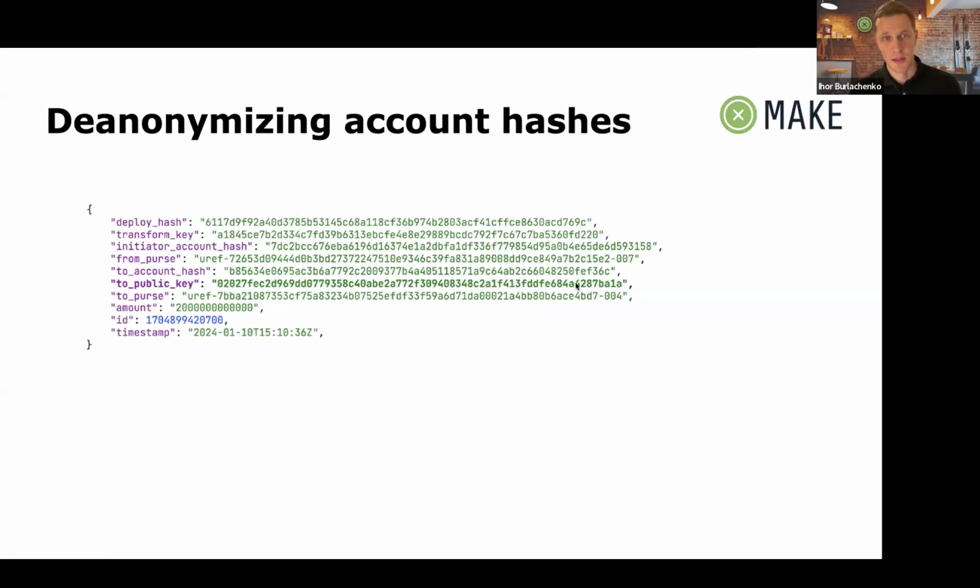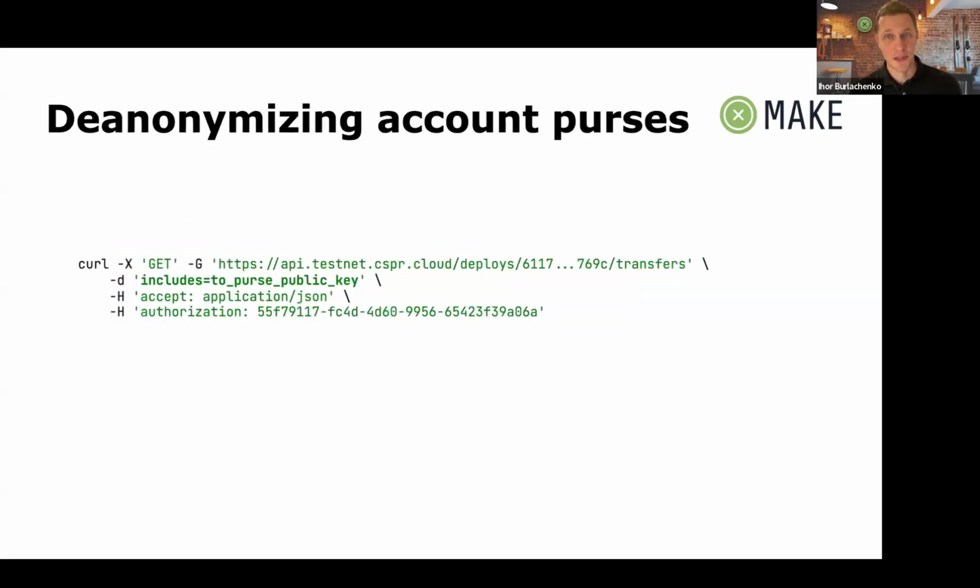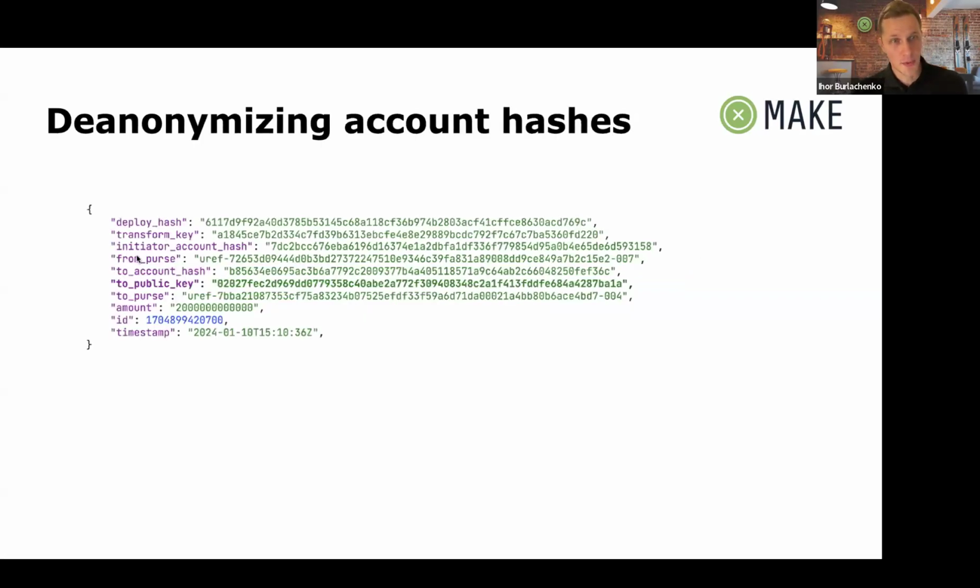Similarly, you see in this response there are also purses, and on Casper you can send a transfer directly to the purse. You can omit those parameters altogether, so they will be null. We do the same for account purses.